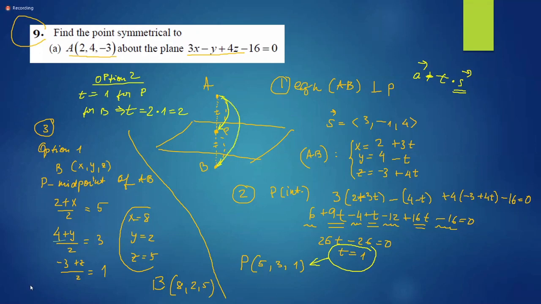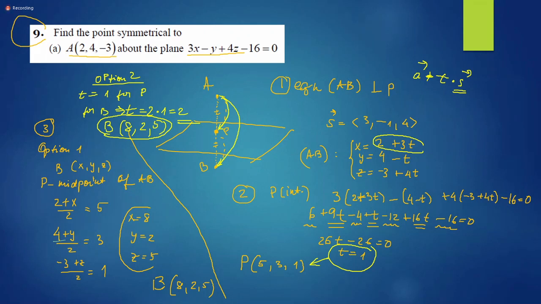And so for the point B, now I apply t equal to 2. That is 2 plus 6 is 8, 4 minus 2 is 2, and minus 3 plus 8 is 5. See, the same point, the same value. It's up to you which method you use. I like both of them. Both of them are interesting enough.